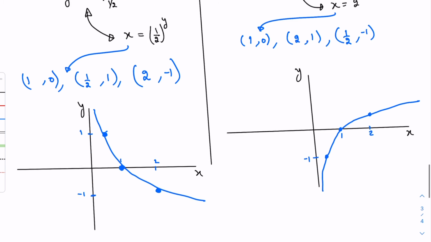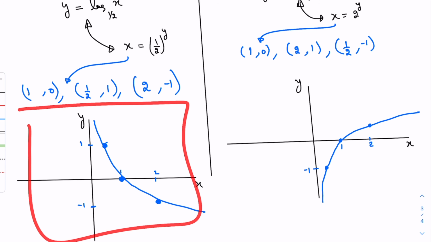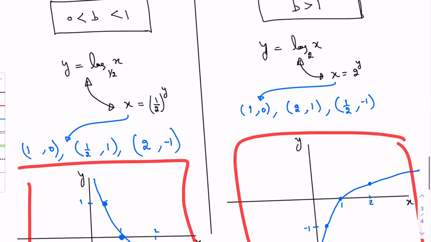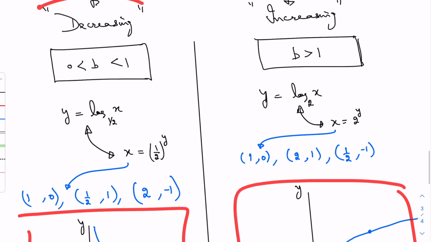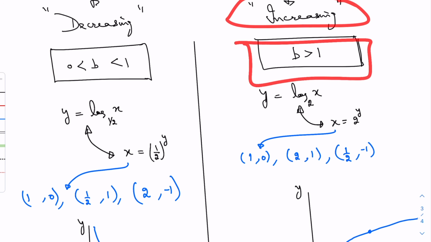So we have got two families for logarithmic functions, as was the case for exponential functions. Decreasing family, whenever bases are less than 1, they're always positive, and increasing curves when bases are greater than 1.